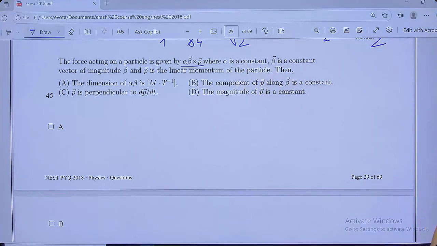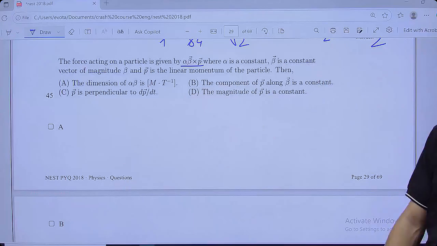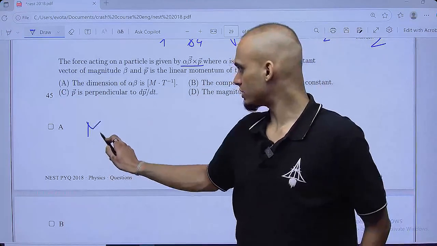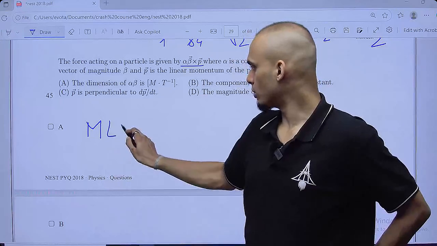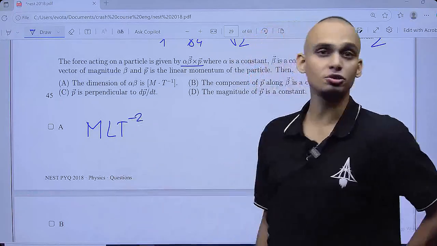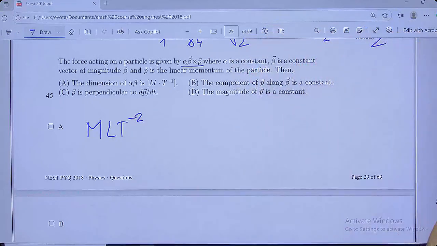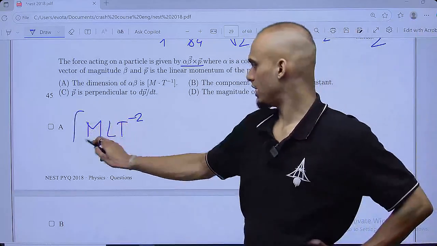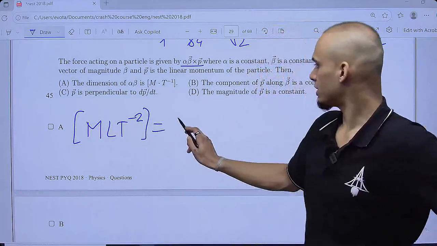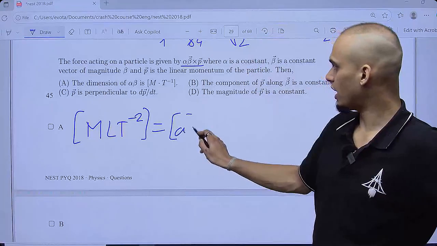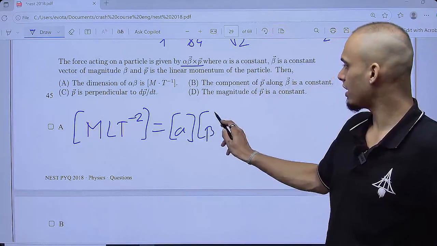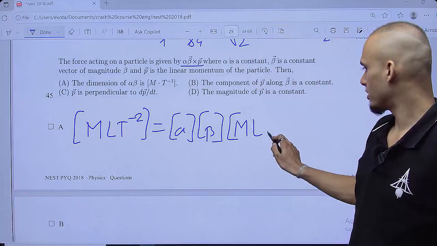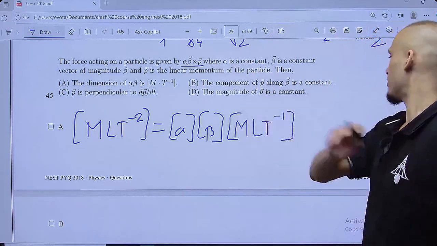Now, the dimension of alpha beta. First we know the dimension of force is mass into length, time raised to minus 2. This is the dimensional formula of force, m into a, mass into acceleration, and it should be equal to the dimensions of alpha into dimensions of beta, and dimensions of momentum is basically mass into velocity.